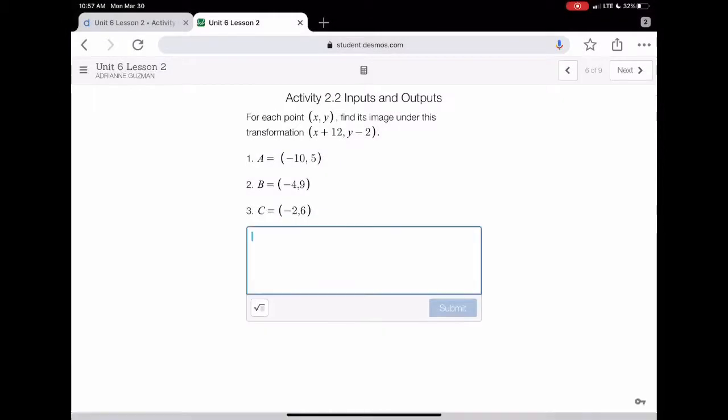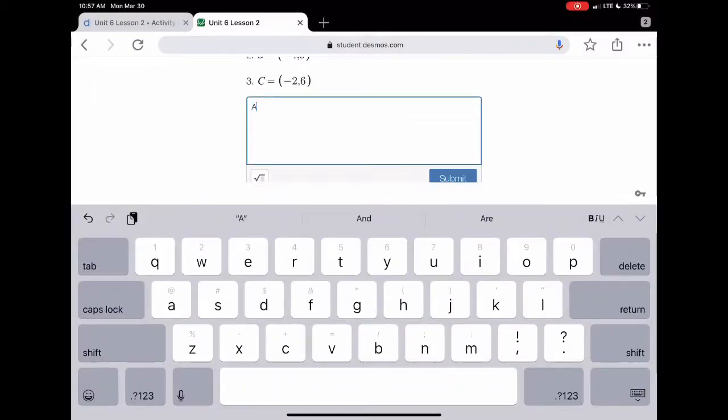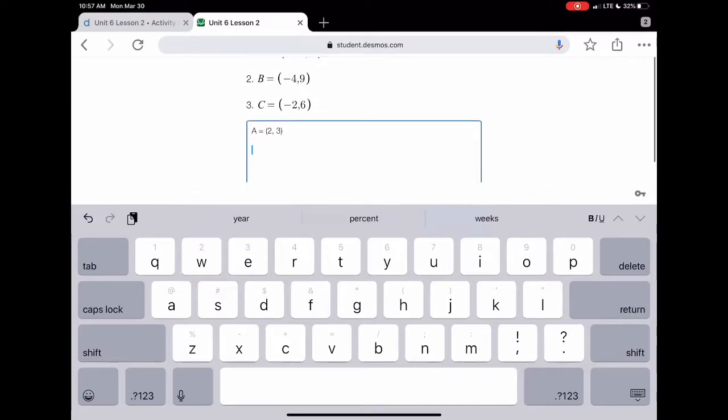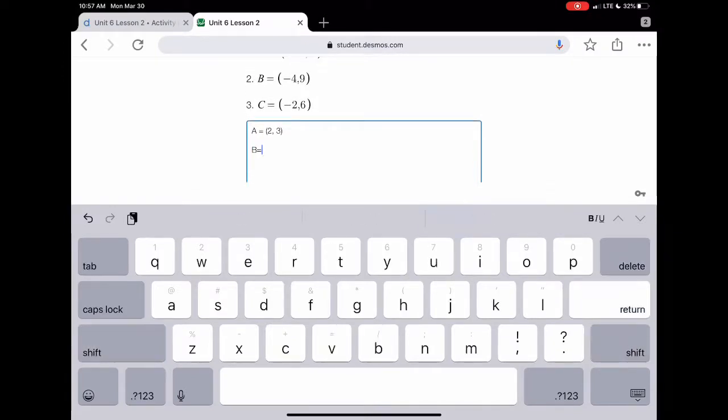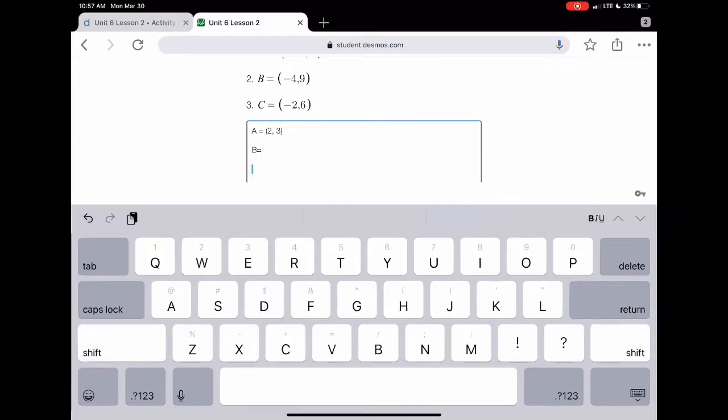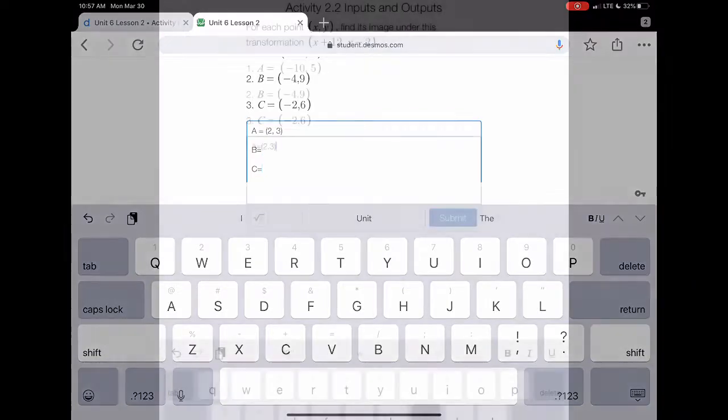So I'd come back here and I would say that A is equal to 2, 3. And I want you to do the rest of these points. You have 2 more. So you'll tell me that B equals something and then that C equals something, and you'll tell me those here. So go ahead and pause me and complete this activity.